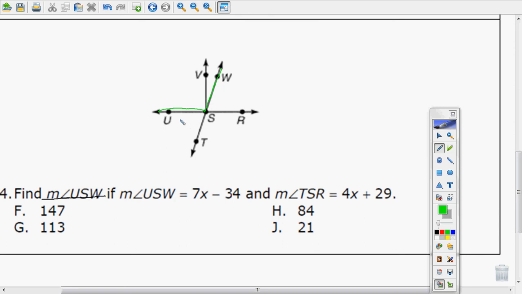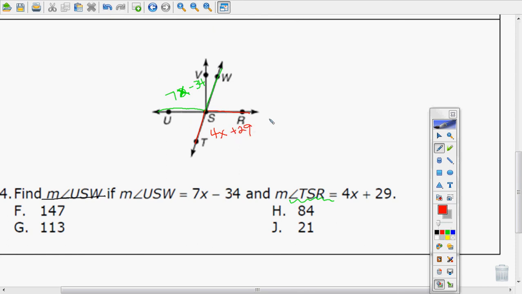If USW is 7x minus 34, and then I have another piece of information about TSR, and its measure is 4x plus 29.